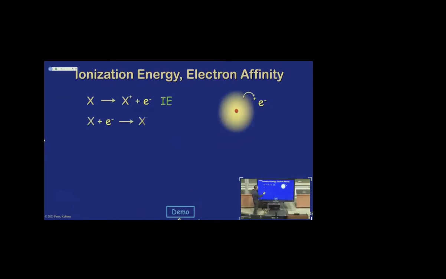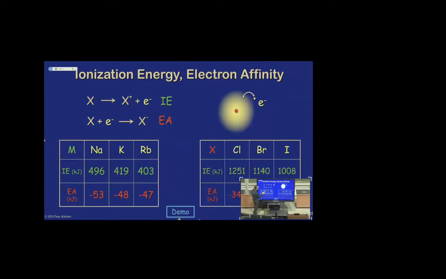So here's our relating this back to what we talked about yesterday. So in some sense, that transfer of electron from one to the other involves an ionization, because you're pulling electron off one and going to the other.